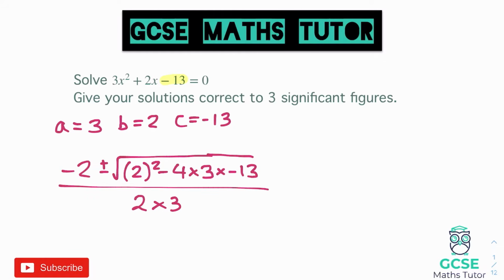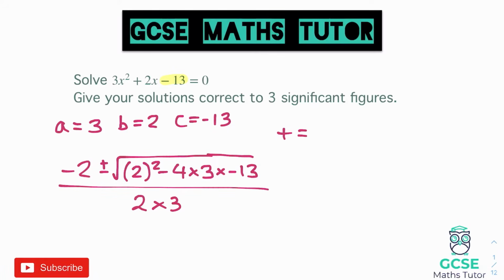So let's again start with our positive value. Let's type this in, I'm going to press my fraction button, use my negative button as well, so negative 2 plus the square root, and then in brackets 2 squared minus 4 times 3 times, and again I'm going to use the negative button here, negative 13, and that's all over 6.